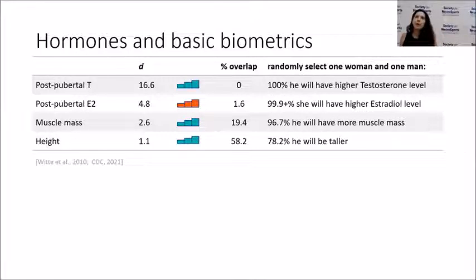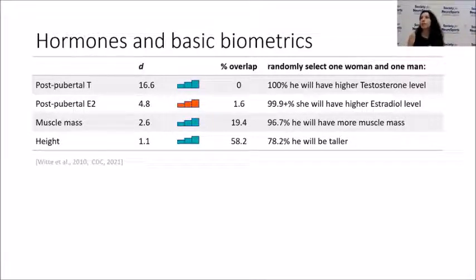If we look at post-pubertal testosterone levels, remember, testosterone produced by those testes that only people generally with the SRY gene have, this size difference, if we look at a Cohen's d score, is 16.6. That's huge. We generally put the cap at calling something a large difference at 0.8. So 16.6 is just astronomical.